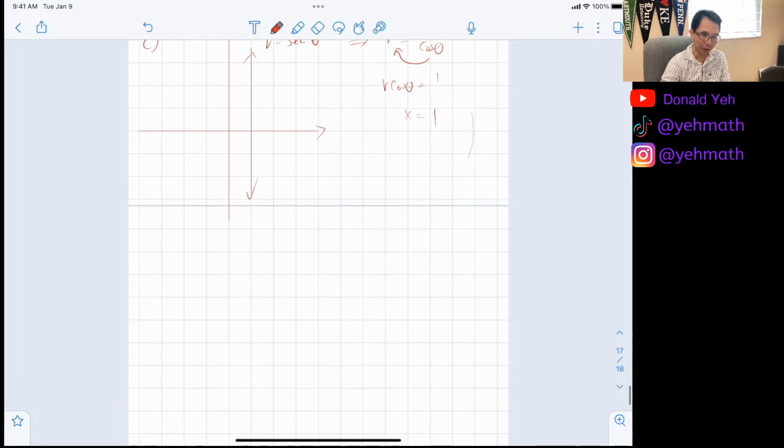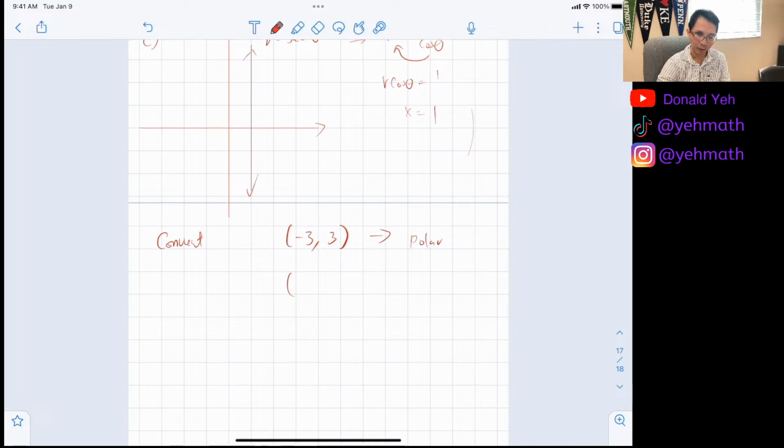Okay, so what we're gonna do is convert the following. Can you convert -3 to rectangular, or polar? He just told us what it was: -1. And then can you convert 4 square root 3 over -4 to polar?